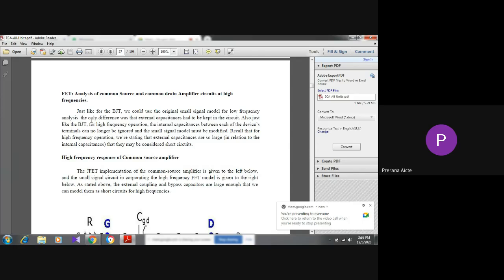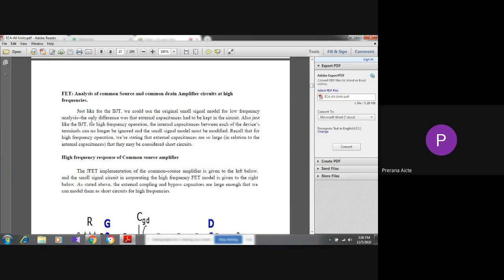Why is it called unipolar? Here the current conduction is due to only majority carriers. But in BJT, the current conduction is due to both majority and minority carriers. That's why BJT is called bipolar junction, but in a unipolar junction the current conduction is due to only majority carriers.